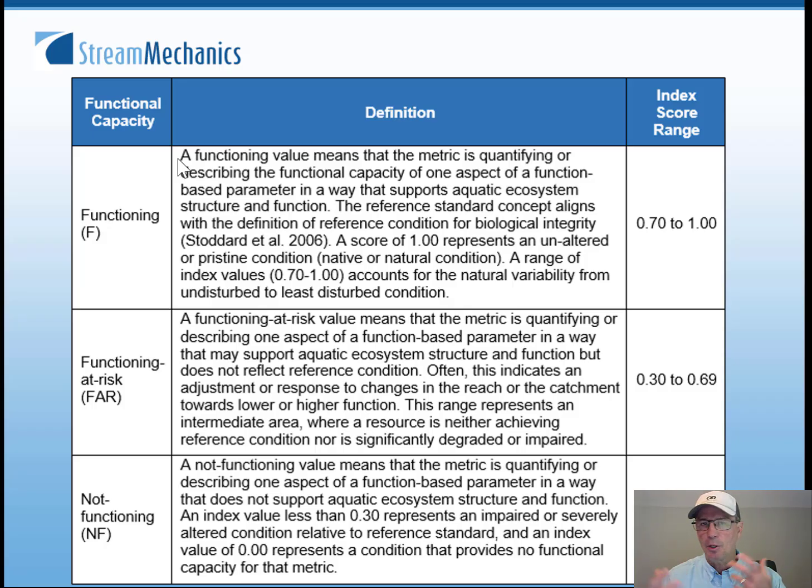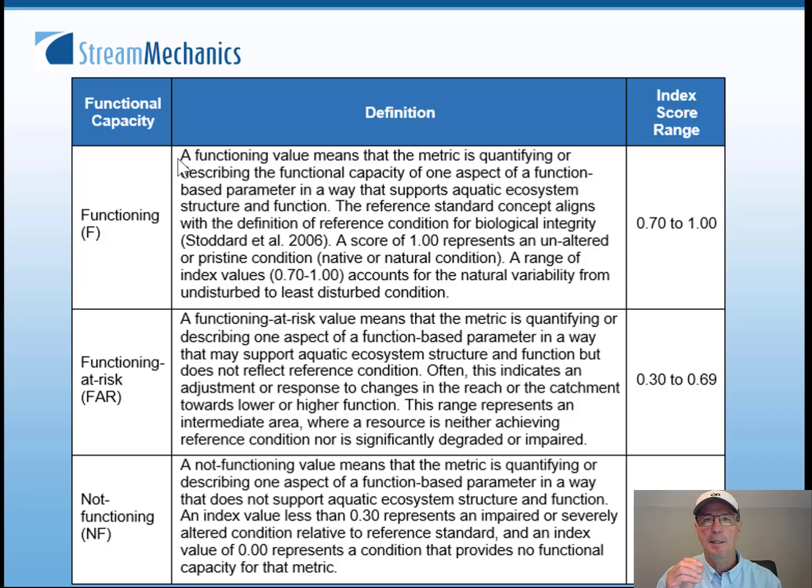Recall that with the SQT we have the functional categories from hydrology up through biology, and within those categories we have function-based parameters that describe the functional statement in that category, and then the metrics are attached to the parameters. So this functional capacity score and reference curves take place at the metric level.